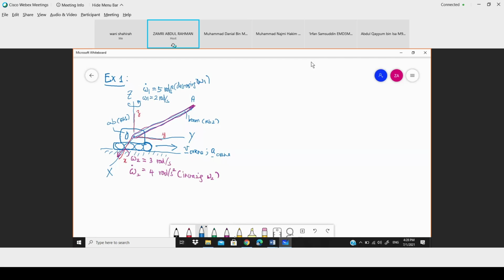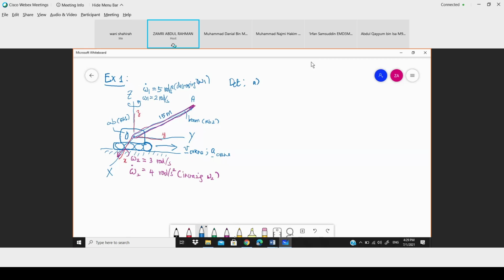So we would like to perform part A. We need to give values for the length of the boom. Okay, let's say the length of the boom is 15 meters.